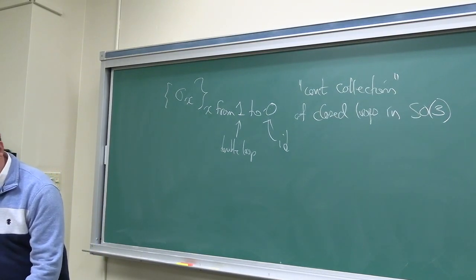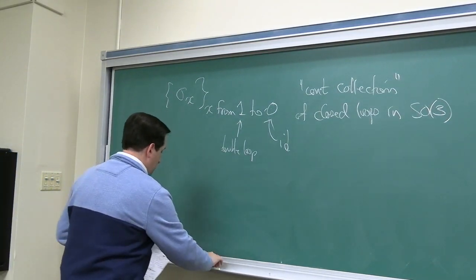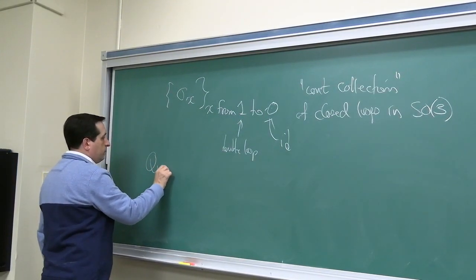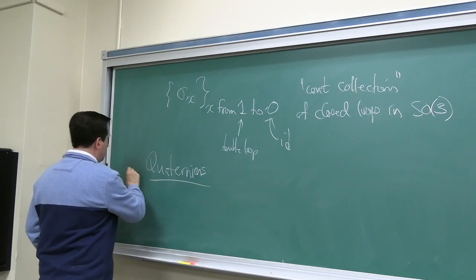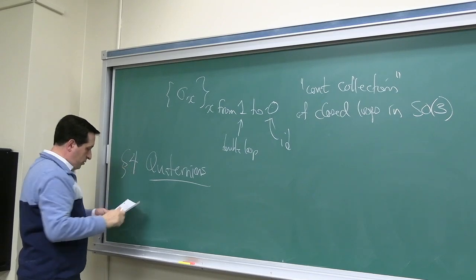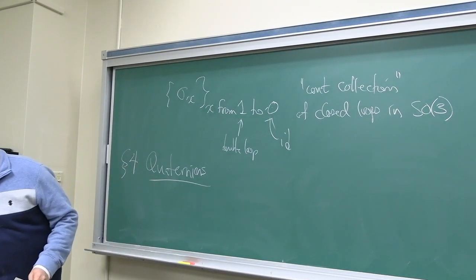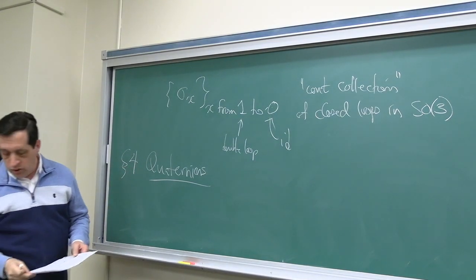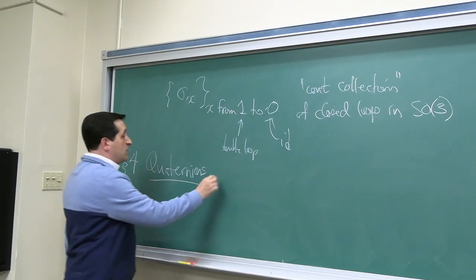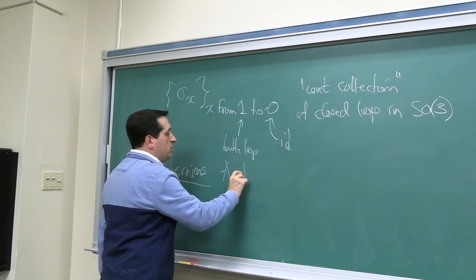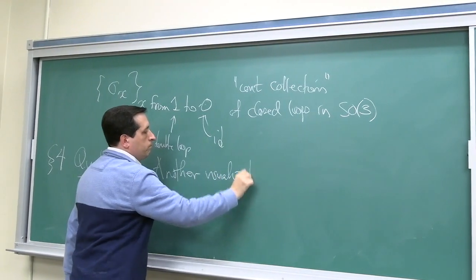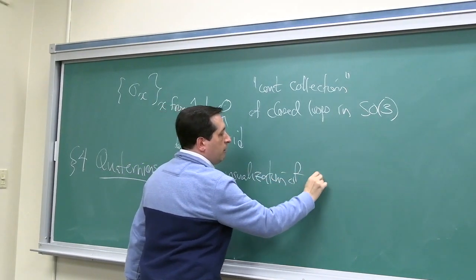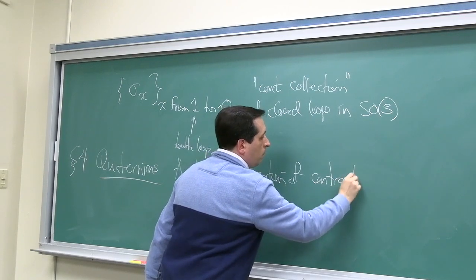Okay, so now we're going to turn to quaternions. This is section 4. I think there was probably something called section 3 that I forgot to label, the double loop discussion. Okay, this is going to give us another visualization of the contractible double loop.